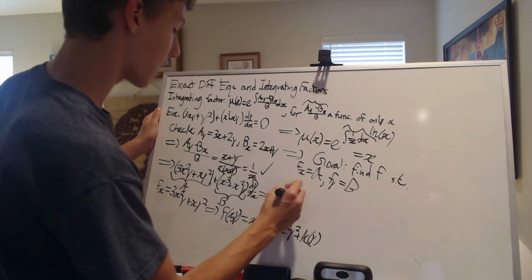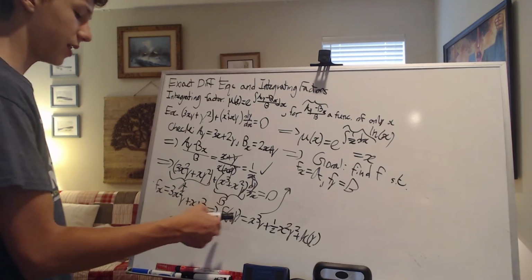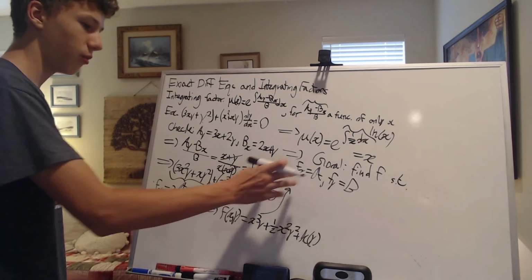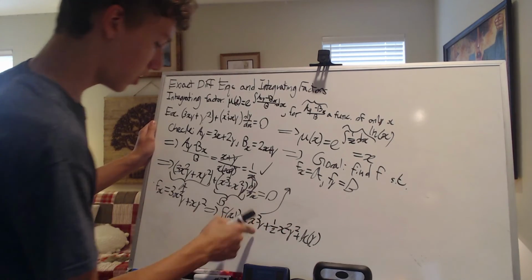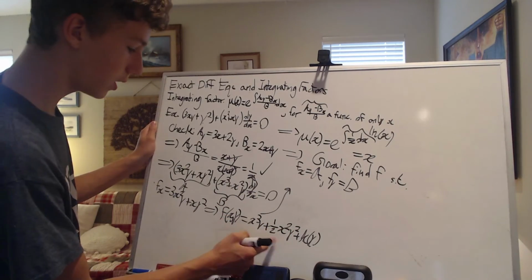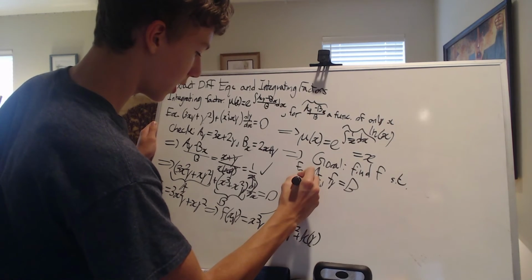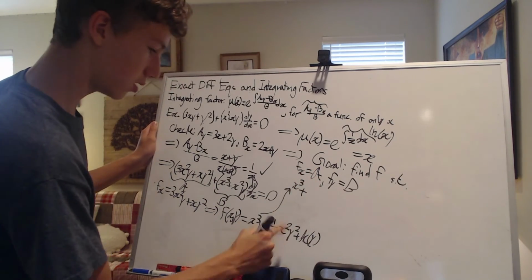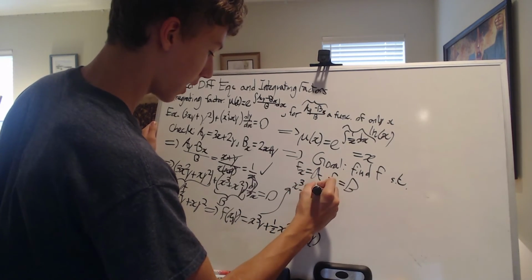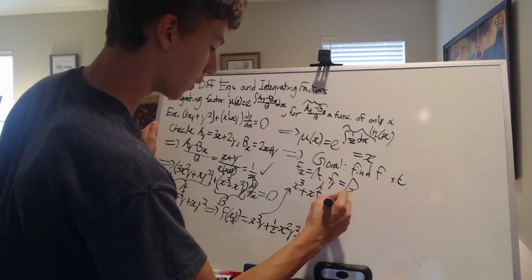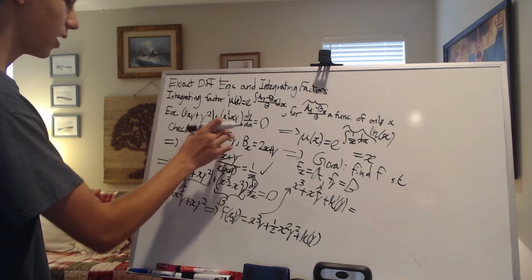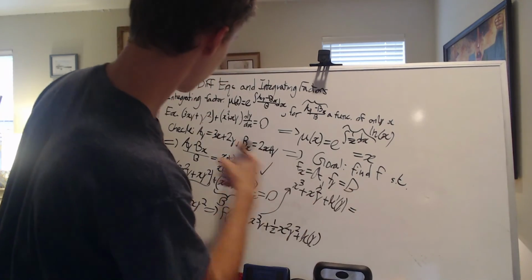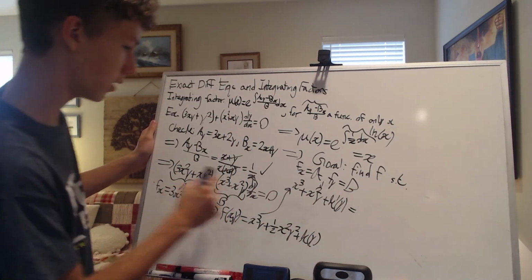So looping that back in and taking the partial derivative with respect to y, we form the following equation. We get x cubed plus, that 2 cancels, so x squared y plus k prime of y is equal to, and indeed it's just this expression right here.